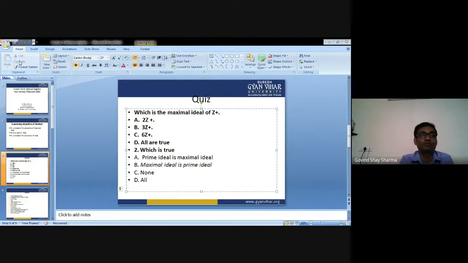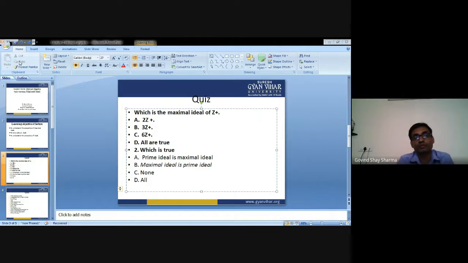So between Z and 6Z there are two ideals which contain the 6Z elements. So this is not a maximal ideal. Simply we can say this is not a prime ideal, so it is not a maximal ideal. So C is the wrong option and D is also wrong. So two options are right here, A and B.